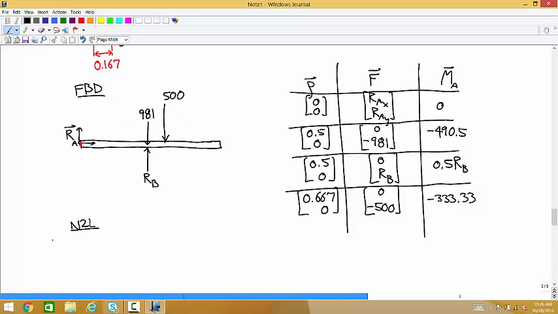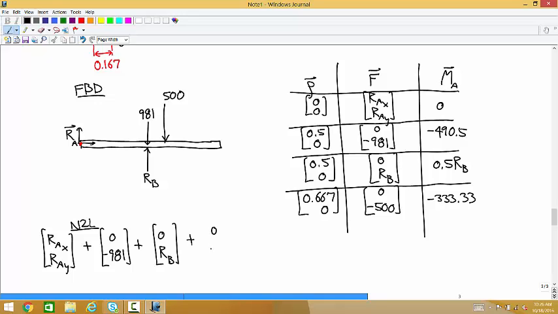So Newton's second law says RAX, RAY plus 0, negative 981 plus 0, RB plus 0, negative 500 is equal to zeros.